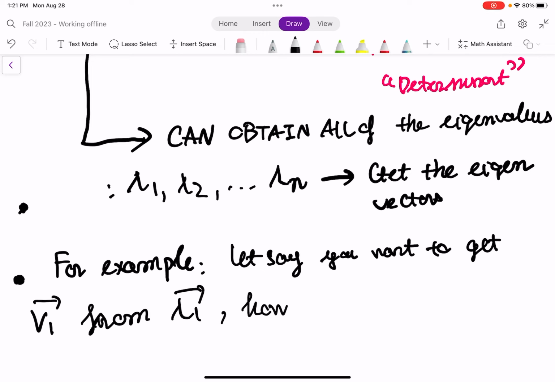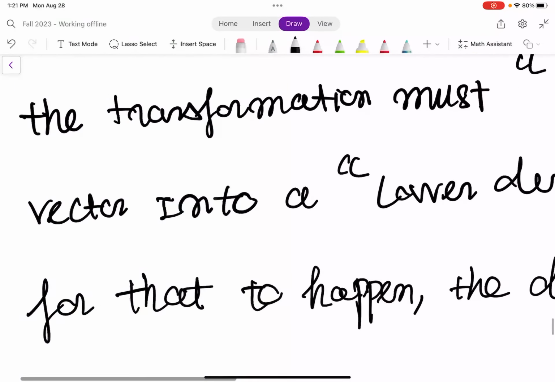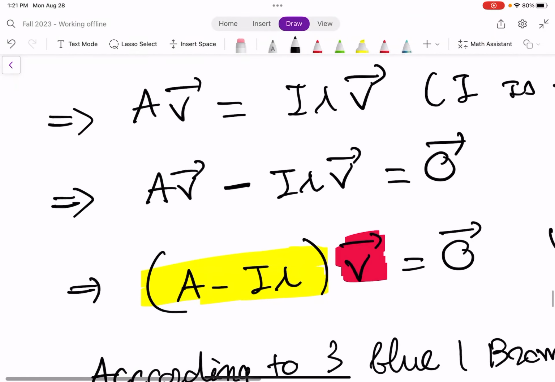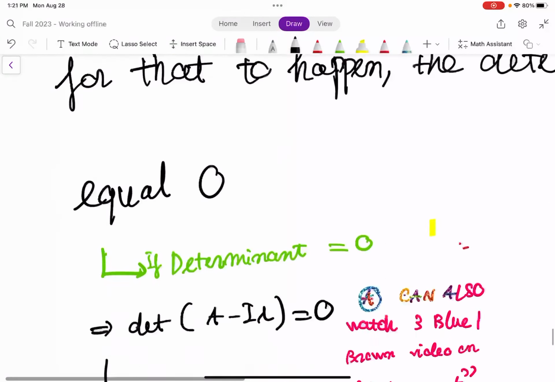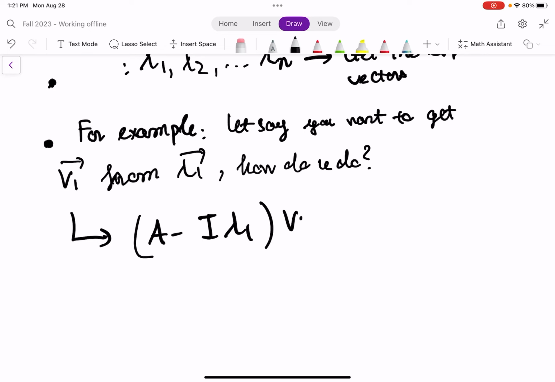How do you do it? What you can do is plug lambda 1 back into the original equation, this one right here, (A minus I lambda) v equals 0. So you can say (A minus I lambda 1) v1 equals 0, and from there you can obtain v1.